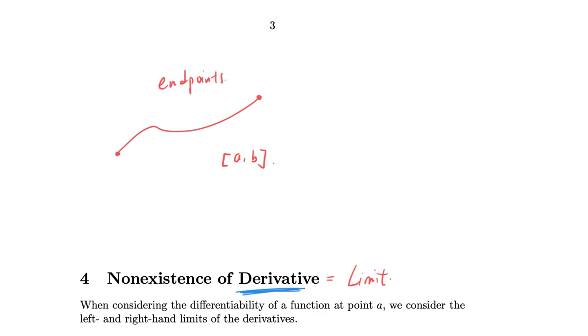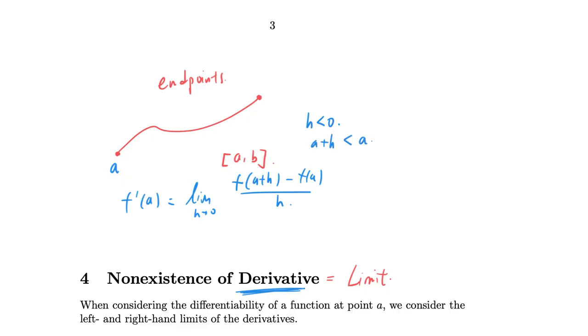If you consider endpoint a, the definition of its derivative is still the limit as h approaches 0 of f(a + h) minus f(a), over h. Now notice, when h is less than 0, a + h would be less than a, and f(a + h) would be undefined, and this whole expression would not be defined.